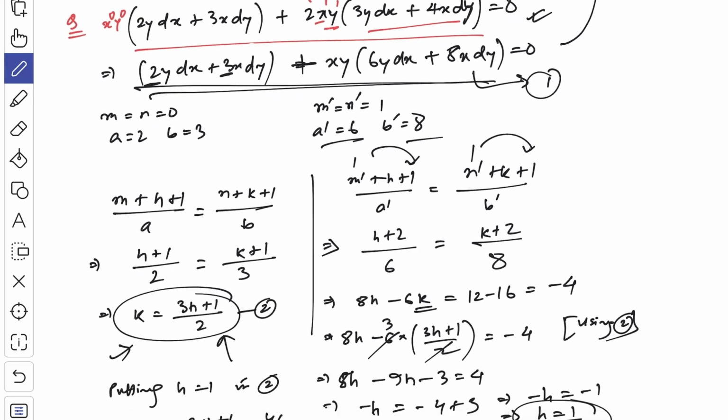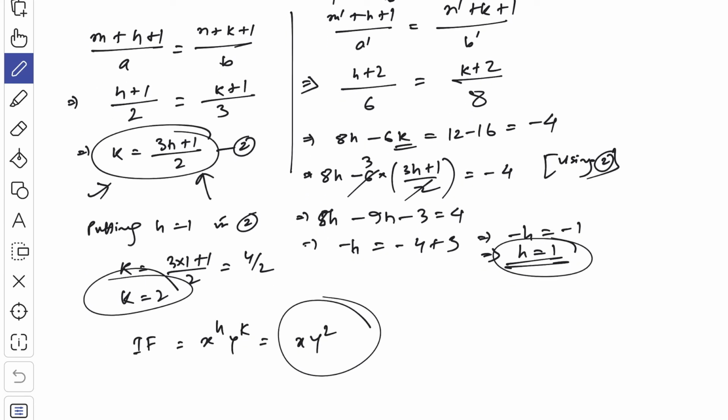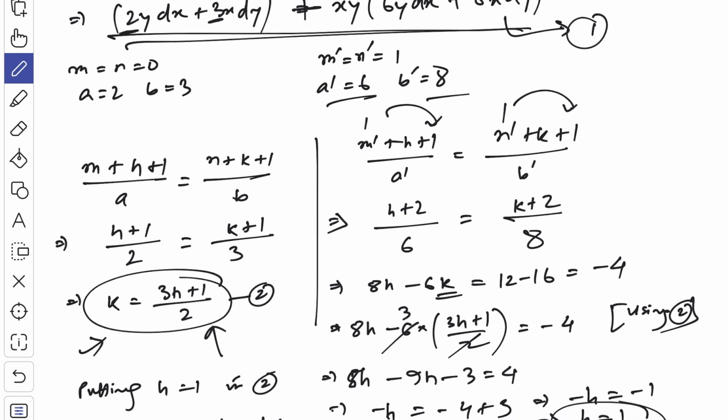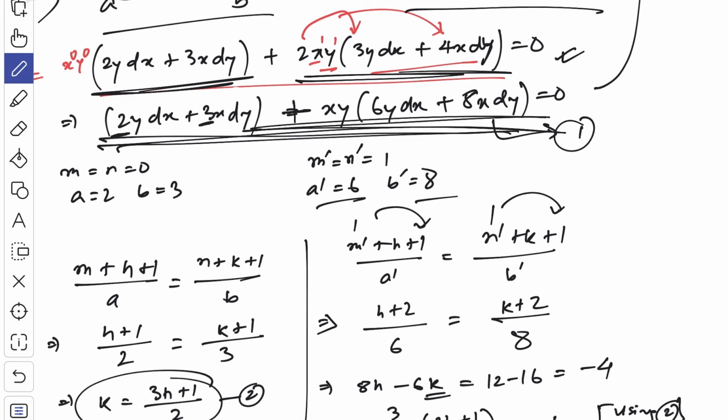Okay, let me minimize this space. So if you multiply this equation, equation number 1, with the integrating factor, then what you will get? If you multiply x y square with each and every term of this equation number 1, then what you will get. So let's multiply that and simplify.